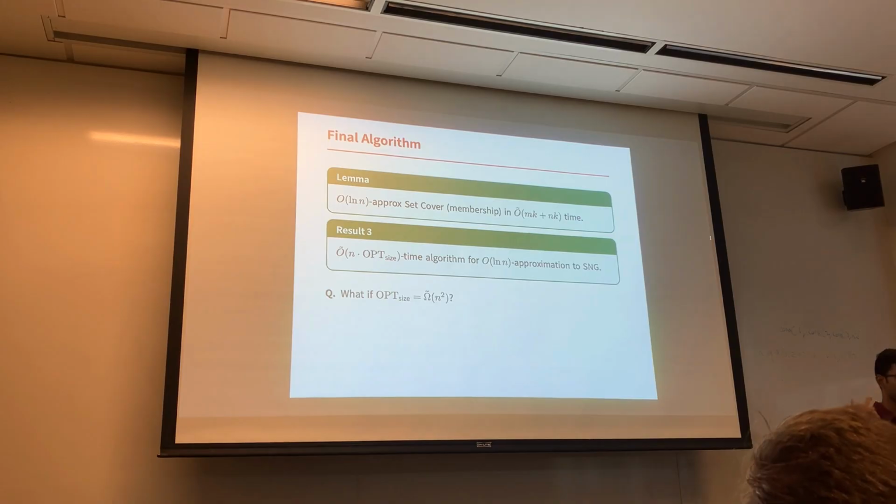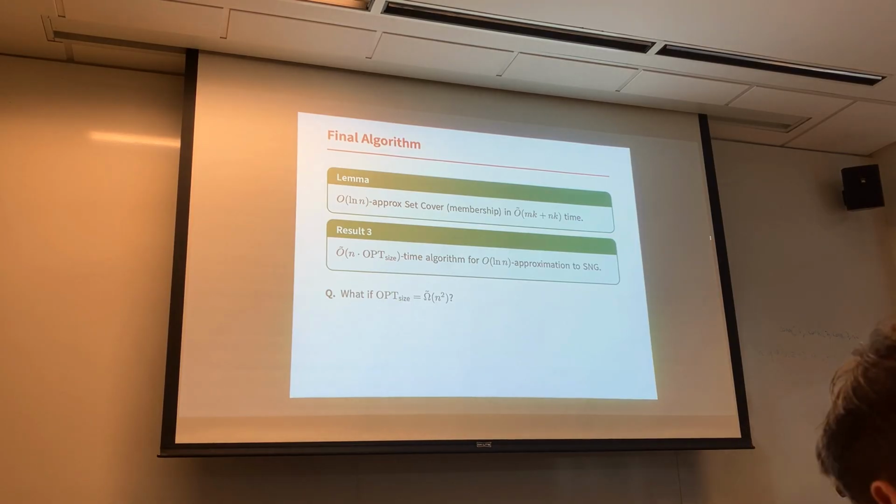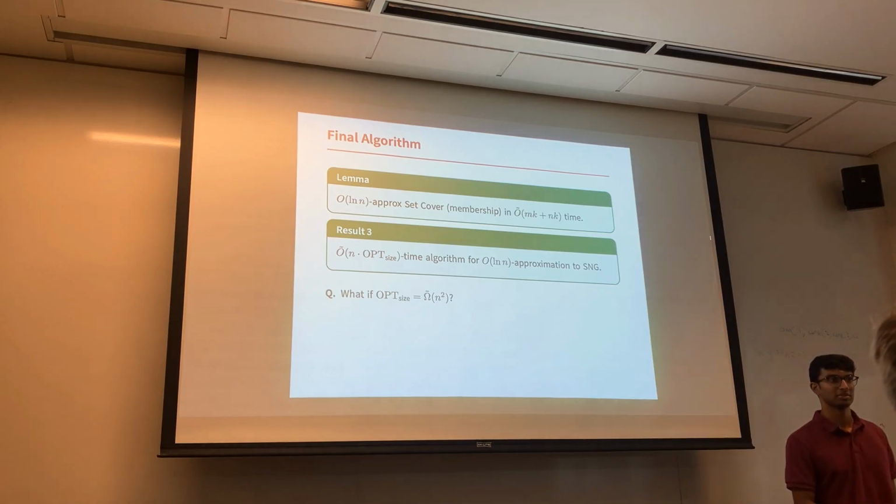And so in the second main algorithm, I'm going to show how we can get around this. Yeah. Can opt size not be much smaller than nk? Yes, it can. Why does the level imply result 3?